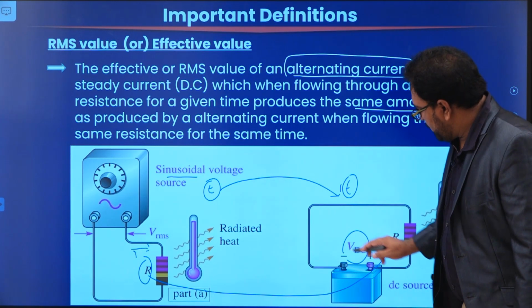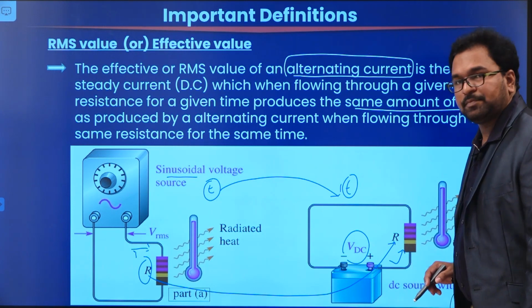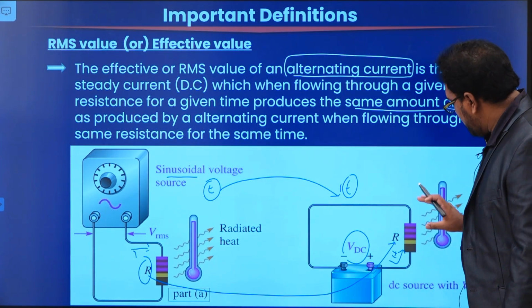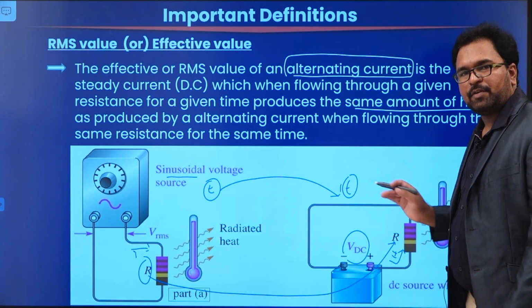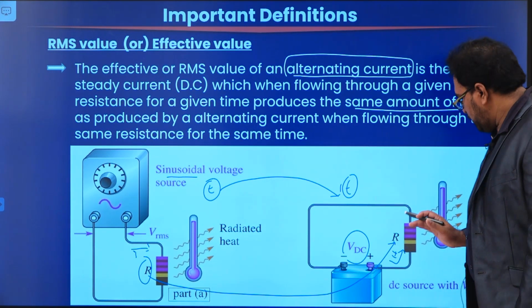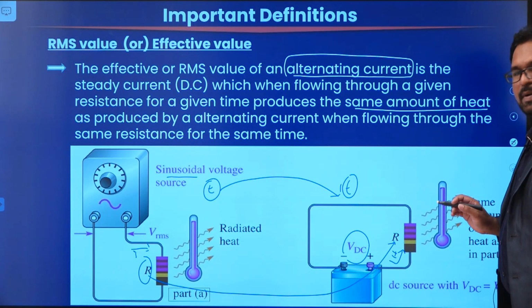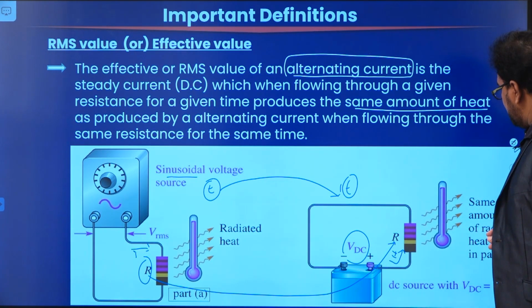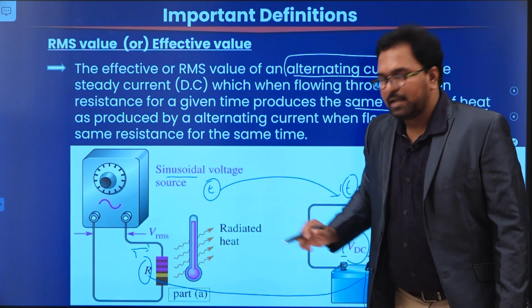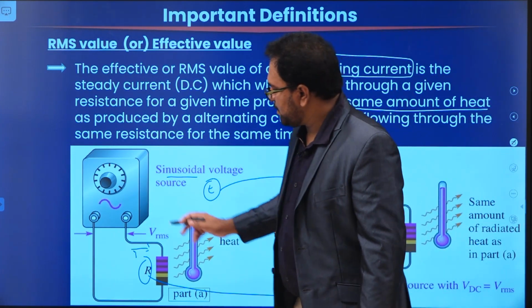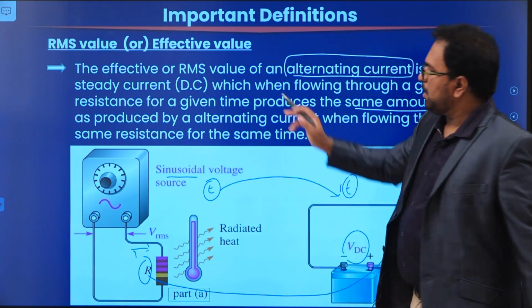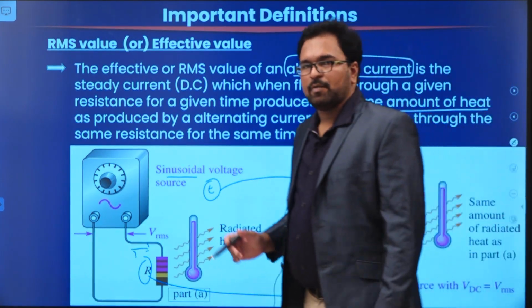This DC voltage will produce a DC current through this resistor. Now this resistor will dissipate some amount of heat because it is a passive element. Measure the heat dissipated by the resistor when a DC current flows through. This is the same as the heat dissipated by the resistor when it is supplied by AC current. That value is called RMS value or effective value.